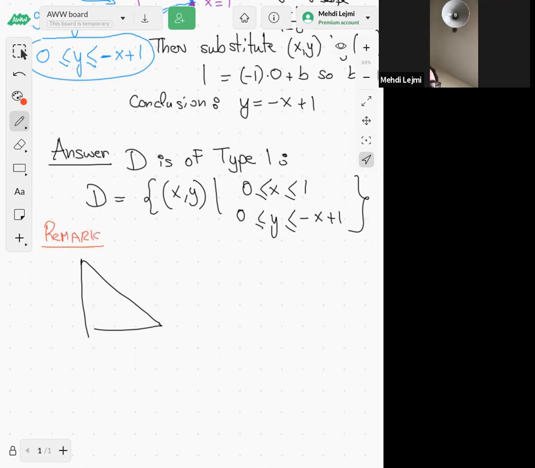So we have this triangle. This is again 0, 0, 1, 0. This is 0, 1. So here's my x-axis, and this is my y-axis. So instead of using the x coordinate, I'm going to start with the y coordinate.